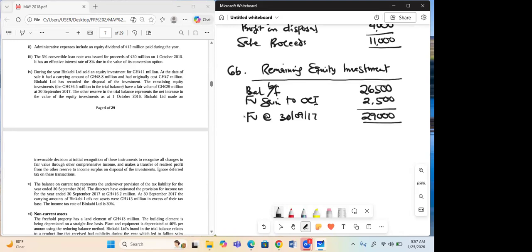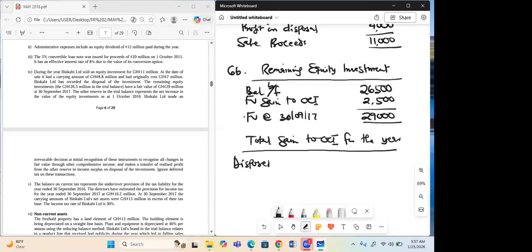So now the total gain to OCI for the year. For this year, what was the total that has gone to OCI? The disposed investment, the disposed one, there was a gain in OCI of how much for the current year? 2,200, right?